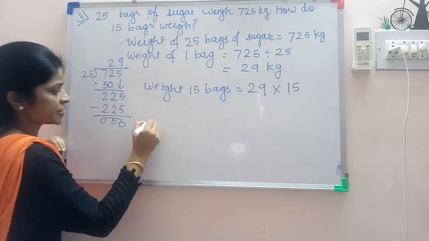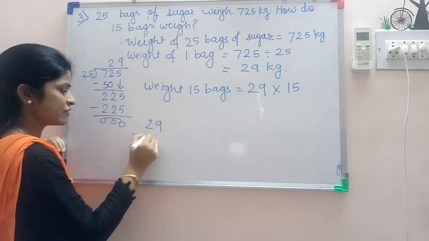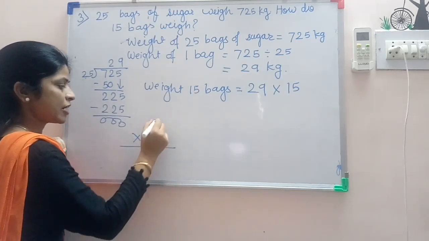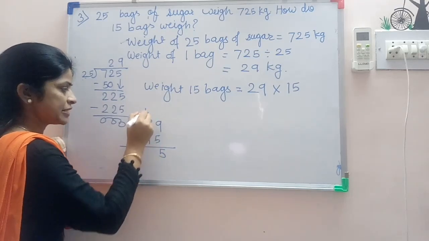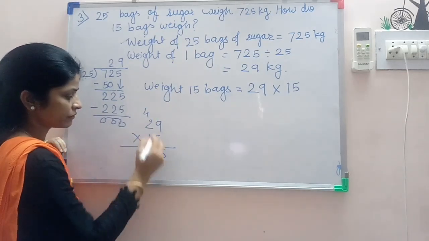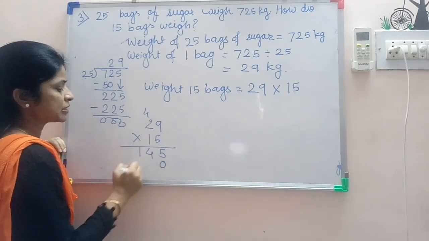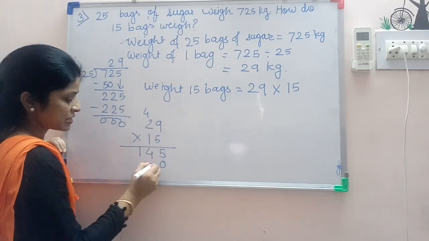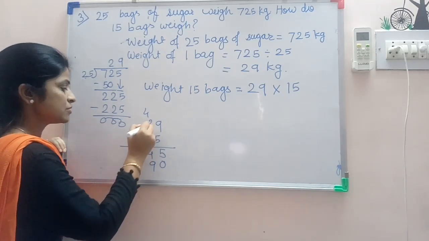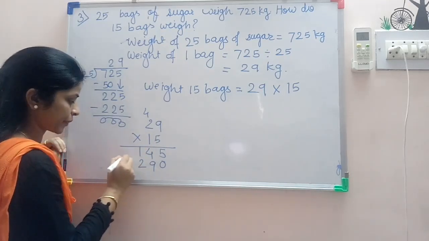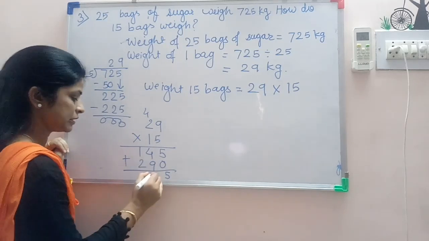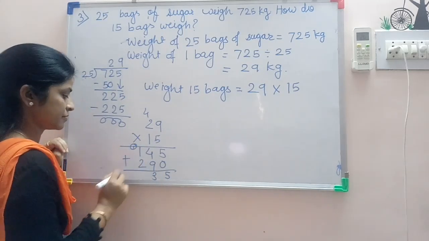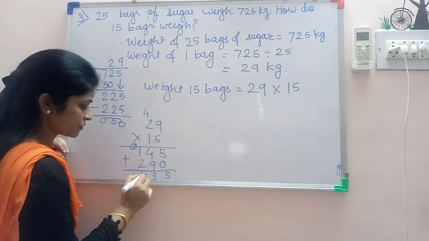Now 29 multiplied by 15. 5 nines are 45. 5 twos are 10 plus 4 is 14. We'll start with 10, multiplying with 10. 9 ones are 9. 1 two is 2.